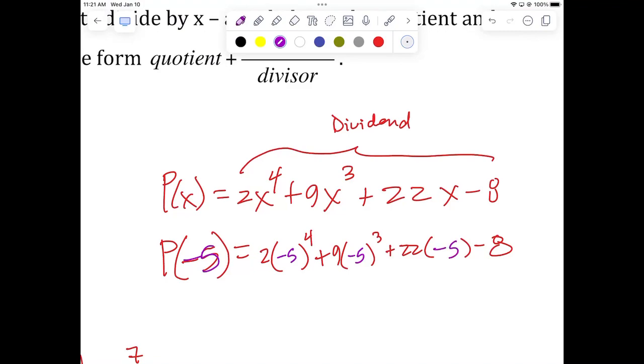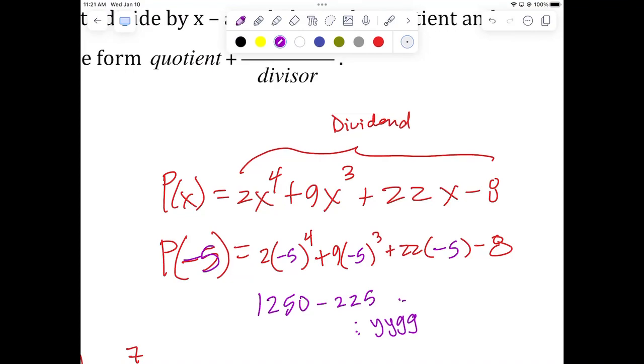What would negative 5 to the fourth power be? 625? Okay, times 2, 1250. And I'd have to write down 1250. And then I'd have to do the next one. Negative 5 cubed, that's negative 125 times 9. That's negative 225. I have to keep track of all that, right? And then I'd have to come back and add those together, right?